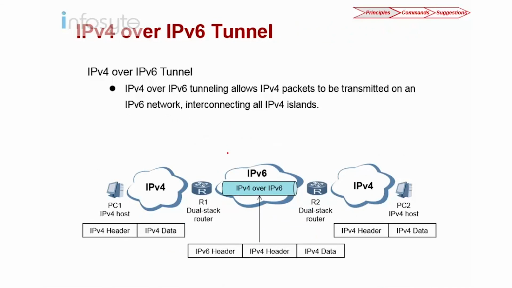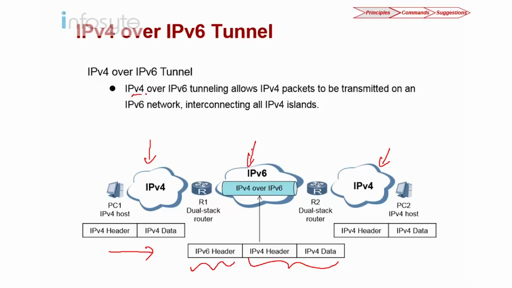Last but not least, let's say in future, most of our network is already in IPv6, but some of it we are still stuck in IPv4. In this case, we call it legacy. Now we have to tunnel the IPv4 into IPv6. So IPv4 is the internal data, IPv6 is the header.